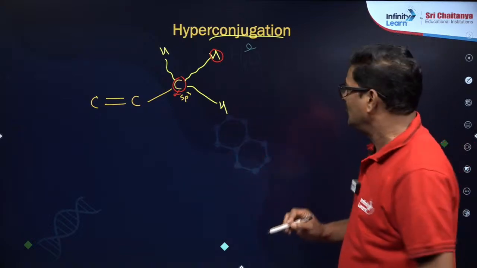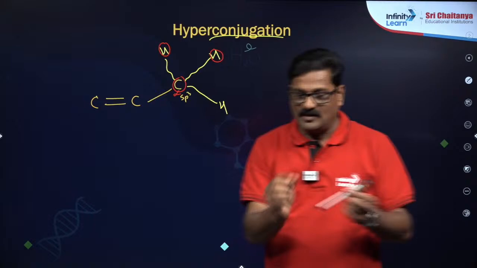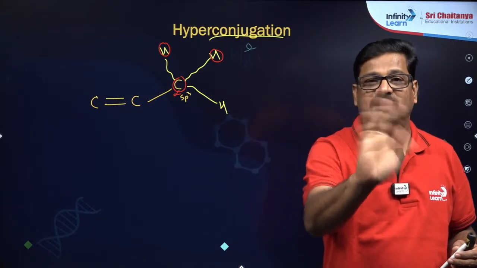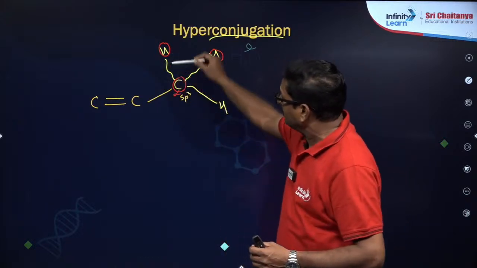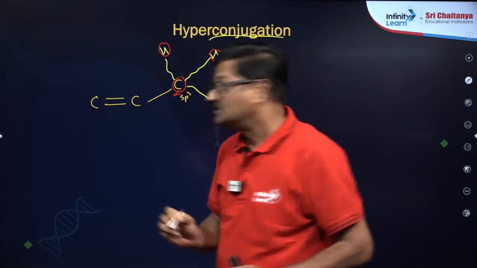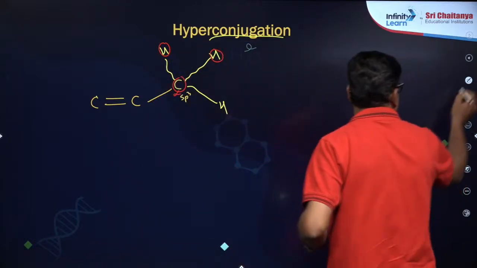It can be broken at any time because of the small size of the hydrogen atom. It has a lot of vibrations. Because of this vibration, this bond can break anywhere. Are you getting it or not? Therefore, what happens here?